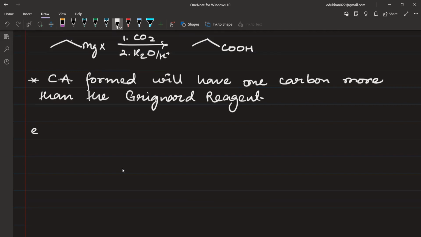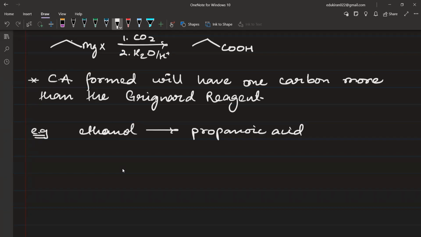Please see how. For example, if I have to convert ethanol to propanoic acid, how will I convert? I can use both this method and the above method. Ethanol, OH, and I have to convert this to propanoic acid, 1, 2, 3 carbon atoms and COOH. So first of all, I will use SOCl2 or anything to make it haloalkane.